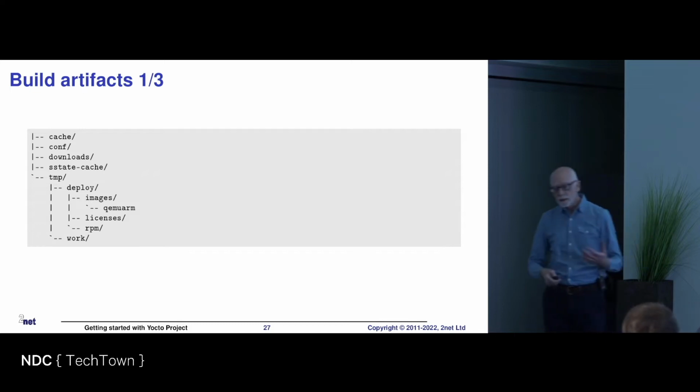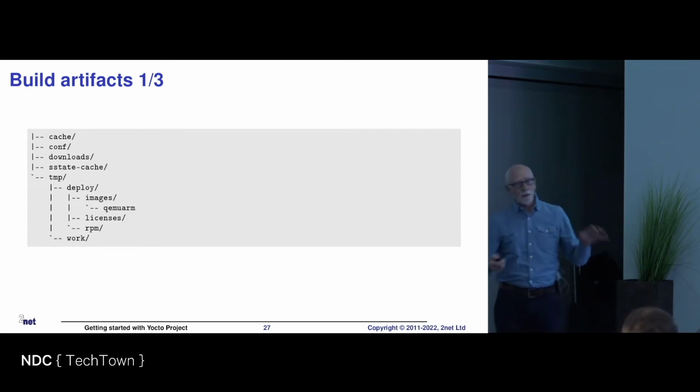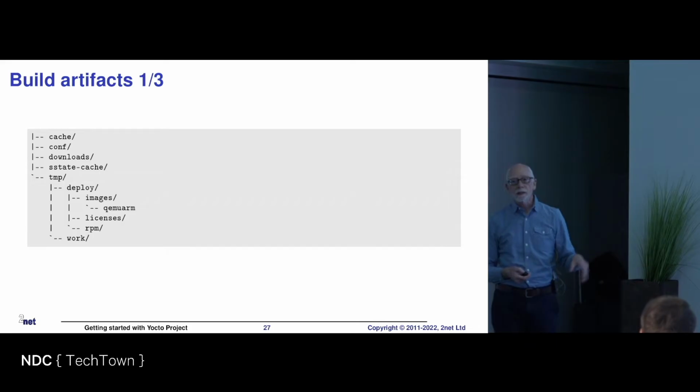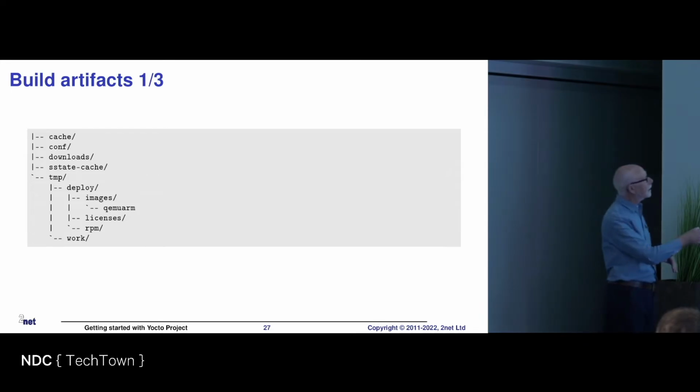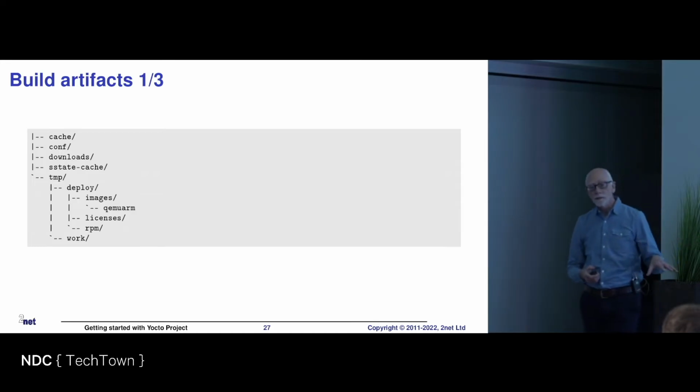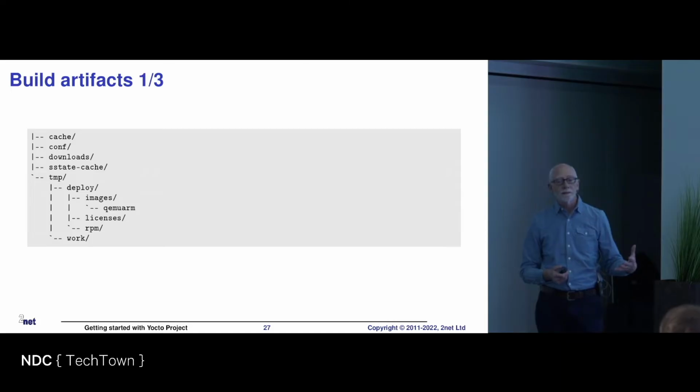But the real interesting stuff is in a directory, rather confusingly, called temp, TMP. Only part of it is temporary, some of it is kind of useful. So if you look in TMP, we have a directory called deploy. There's a subdirectory to that called images, and a subdirectory to that called qemuarm. So that contains the compiled image, which I can use for my target.